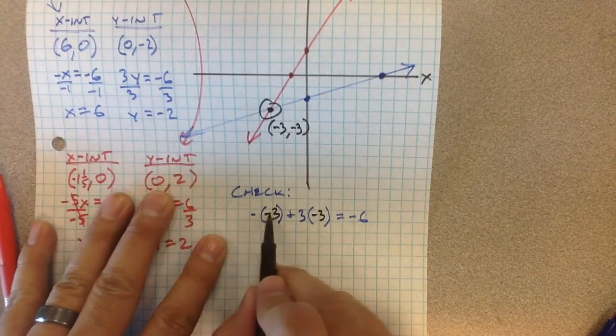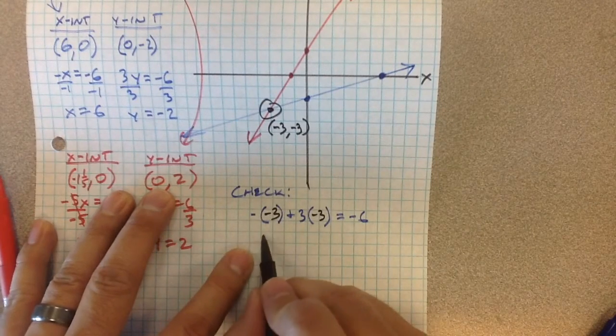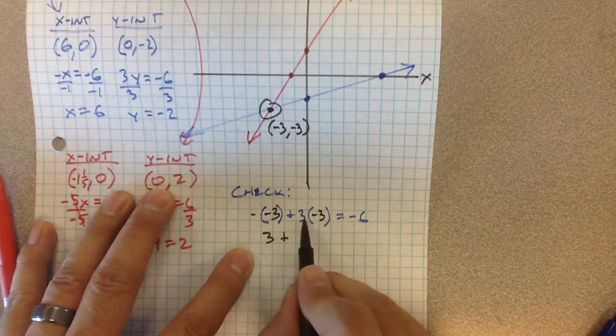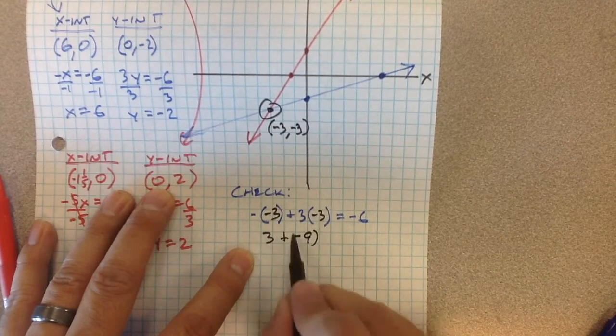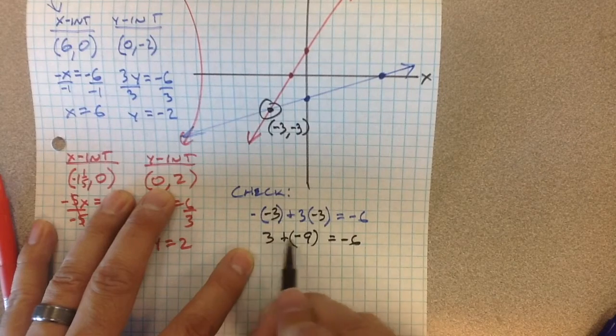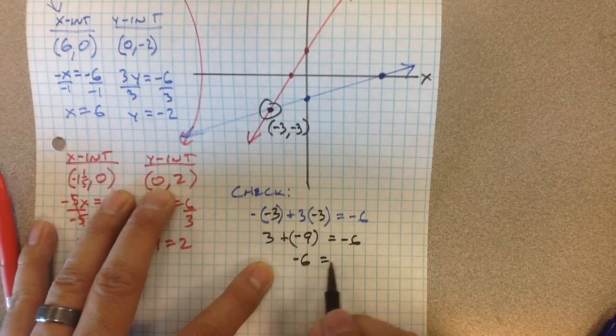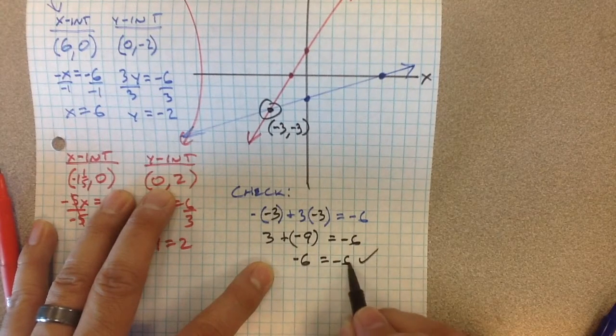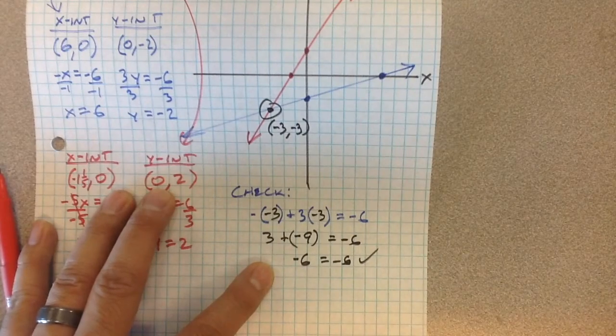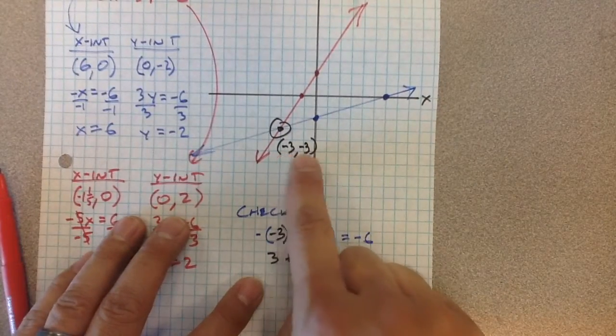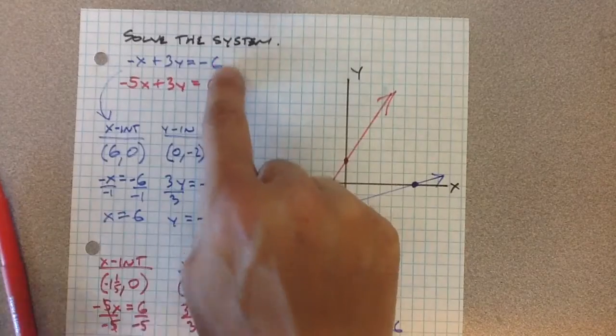Negative and then -3 in the parentheses. The two negatives will cancel out. It'll be 3 plus 3 times -3, which is -9. And 3 plus -9 is -6, which checks out. All right, so that x-y pair works for the equation in blue.